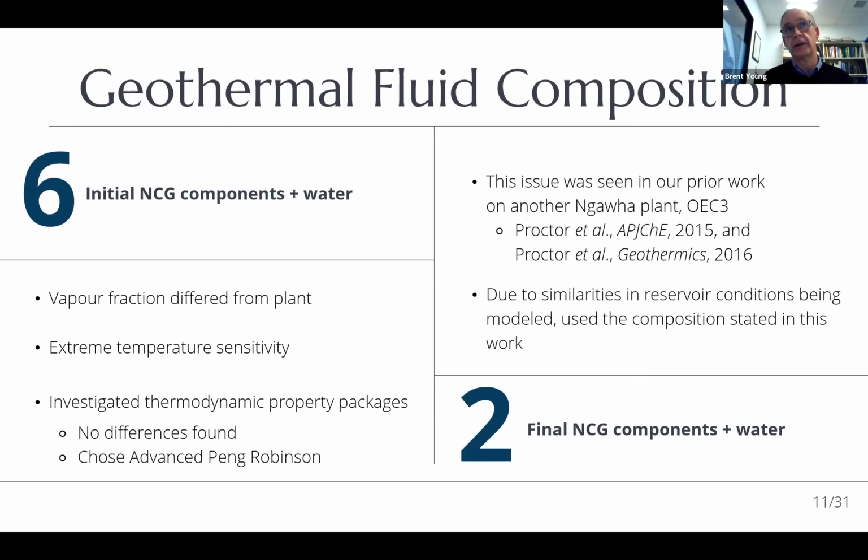We investigated, therefore, different thermodynamic property packages and did not find much differences between them. So we chose our favorite, which was Peng-Robinson, and handles both polar and non-polar components well. So it handled both the working fluid and the geothermal and brine fluids.